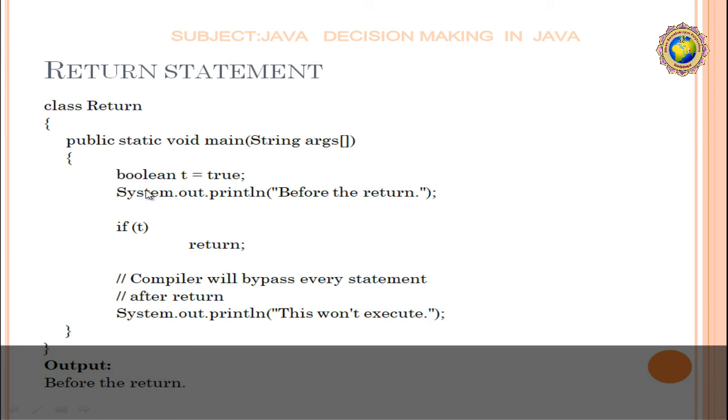Now t equal to true. So System.out.println before the return will print, like, before the return. If t, then return. Yes, so the remaining statement will not be executed and will not be printed. So this is about the return statement.